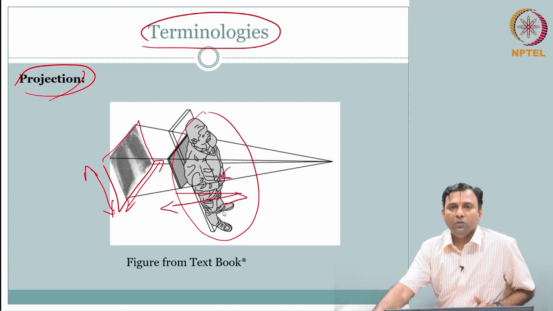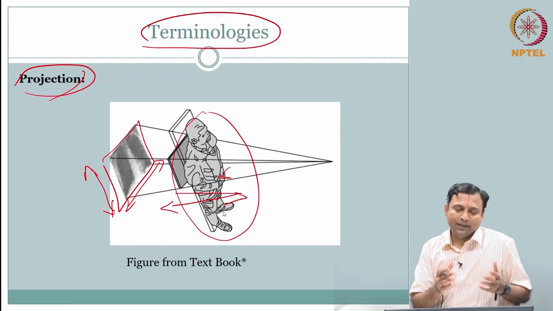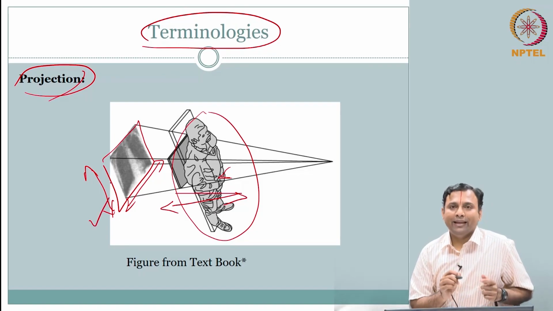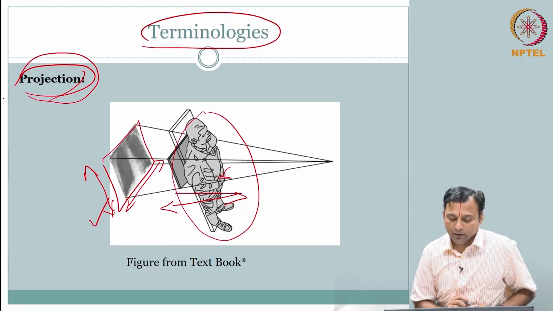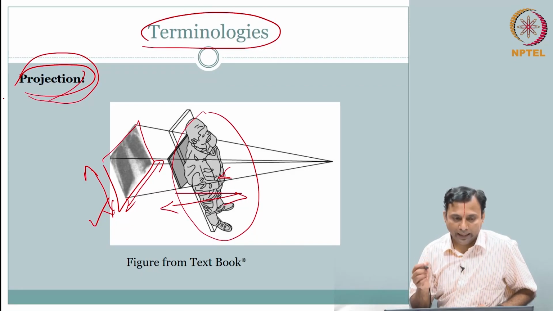So I need access to different dimensions if possible, but at some level it is okay. So a chest X-ray is still usable, but it has its limitations. So projection is something that you are going to deal with very much, right? You need to know.